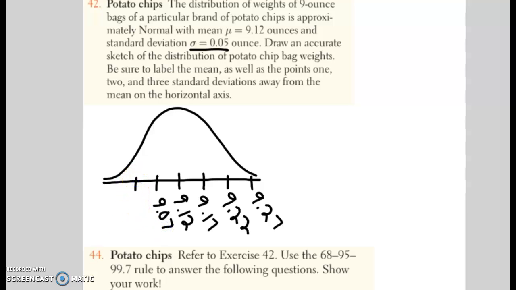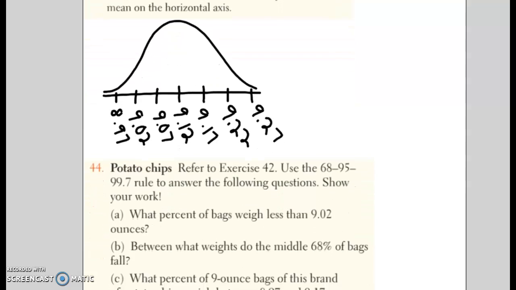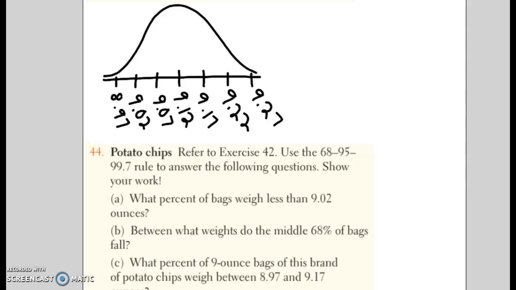I subtract another 0.05, which takes me to 9.02, and then one more takes me to 8.97. So there's my sketched curve, and then let's answer some other questions about this curve in question 44.